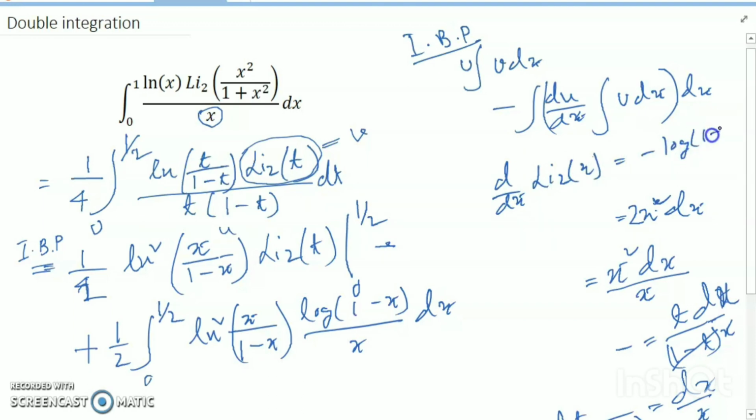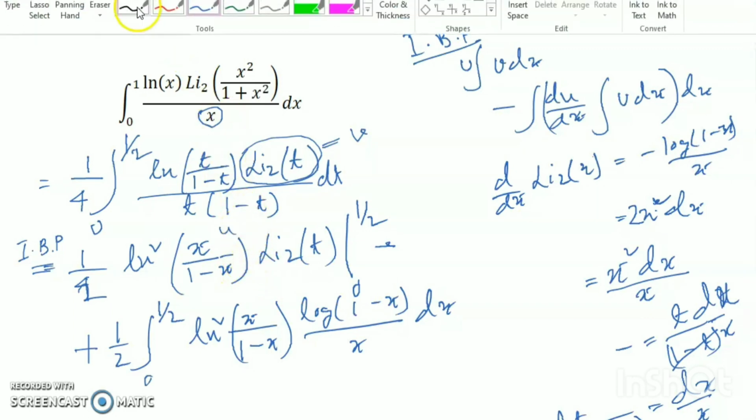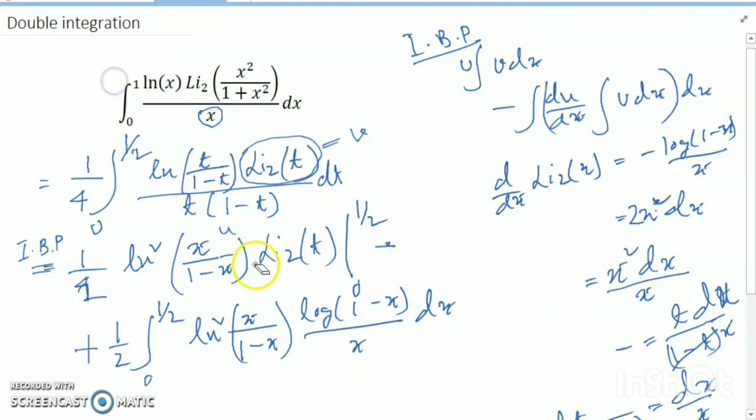This integration, you know, is very simple, ln t, 1 minus t, t into 1 minus t, very simple integrations.